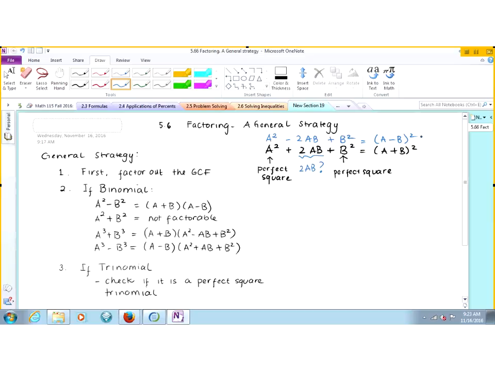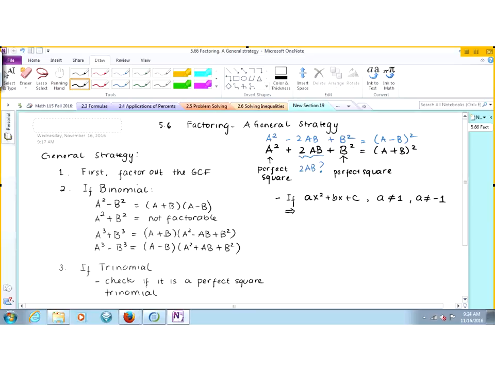Good. So what about if you have ax squared plus bx plus c, and a is not equal to 1 or a is not equal to -1, what happens?